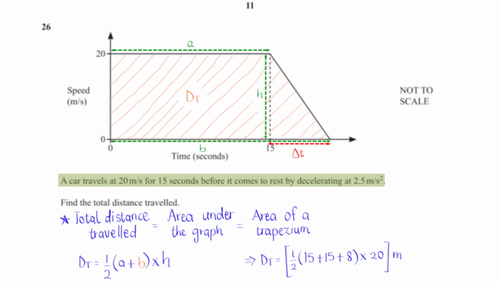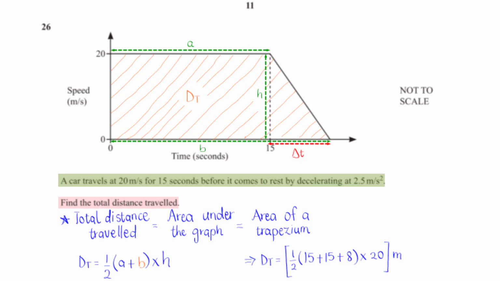A car travels at 20 meters per second for 15 seconds before it comes to rest by decelerating at 2.5 meters per second squared. Find the total distance traveled. Whenever we have a speed-time graph, we know that the total distance traveled is equal to the area under the graph. And in this case, the area under the graph is a trapezium.